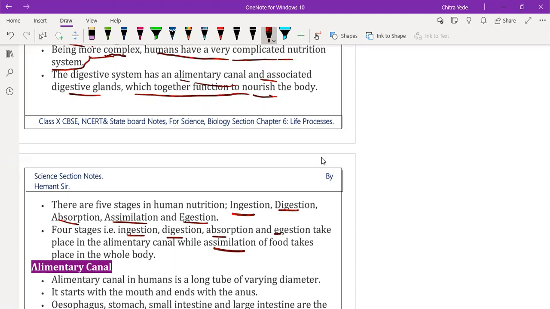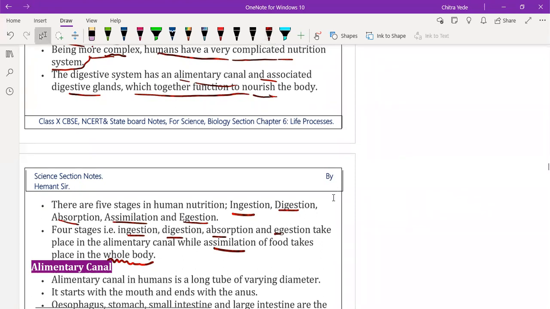Nutrients have to be transported all over the body to produce energy. Beta, any doubt till here? No, sir.